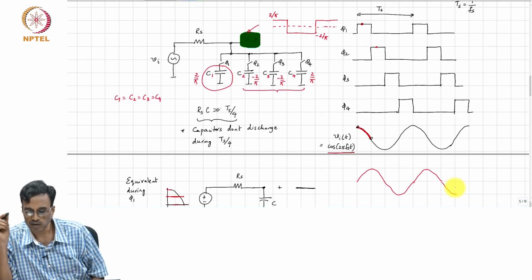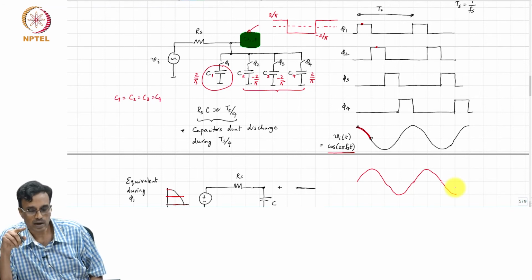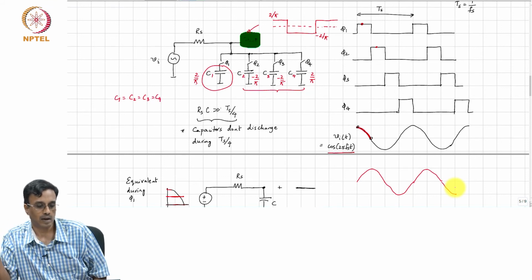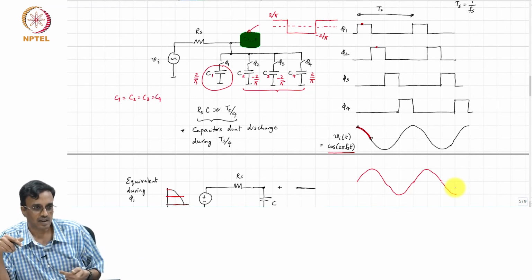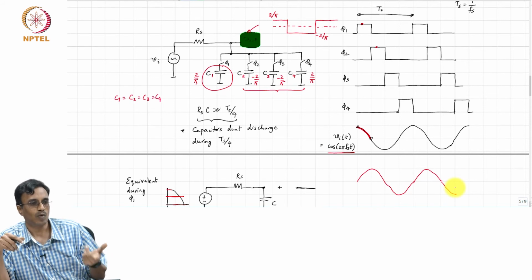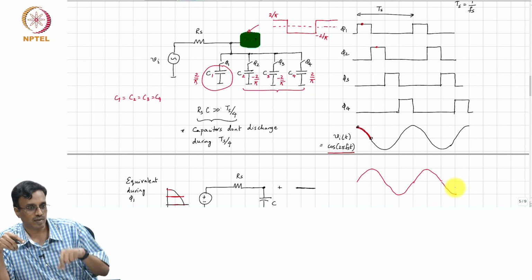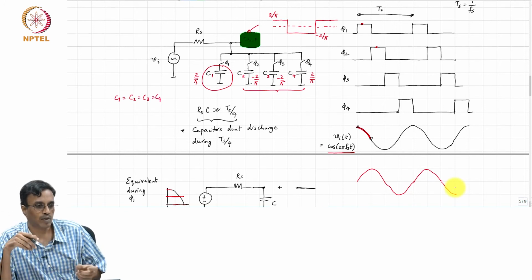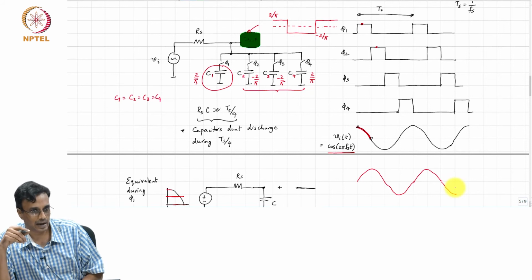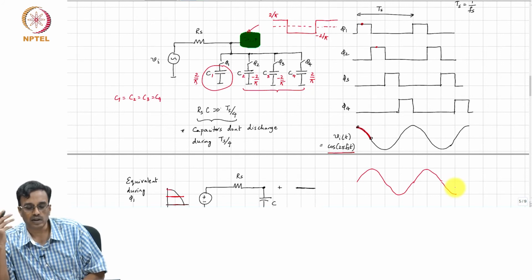I mean the voltage across C1 will be plus 2/pi, across C2 will also be plus 2/pi, C3 and C4 will be minus 2/pi, correct. So, based on the response to a cosine and a sine, you should be able to calculate the harmonic transfer functions H sub k of j 2 pi Fs, right.